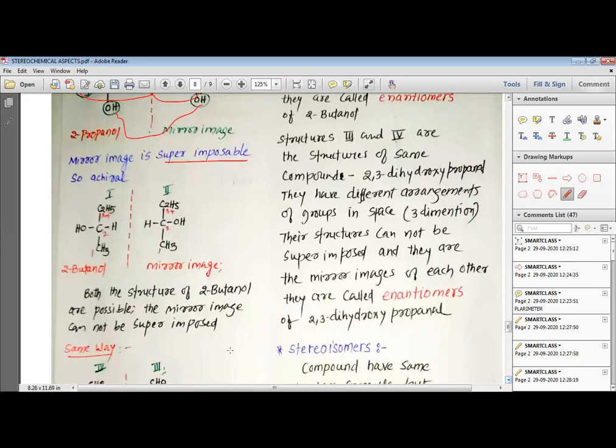But if you look at 2-butanol, this CH3 may fit on CH3, this C2H5 may fit on C2H5, but H has to go on OH, which does not fit. So here we can say there is lateral inversion, my dear students.